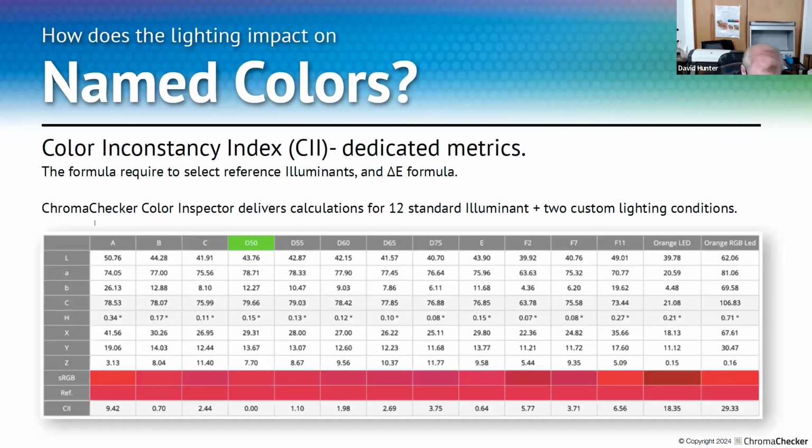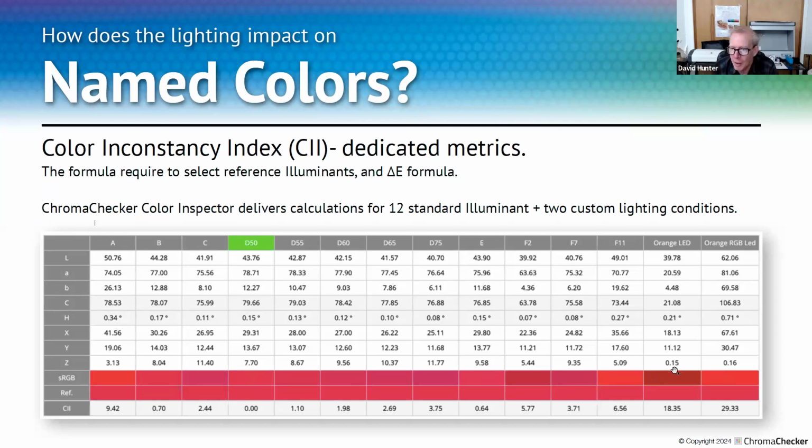So this is a concept called color inconstancy. And what it means is how volatile is this color under different illuminance or different lighting conditions. So here I've got a red, and you'll see under D50, the color's the right color. It's because it was defined under D50.